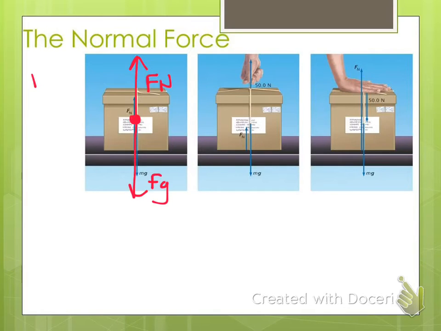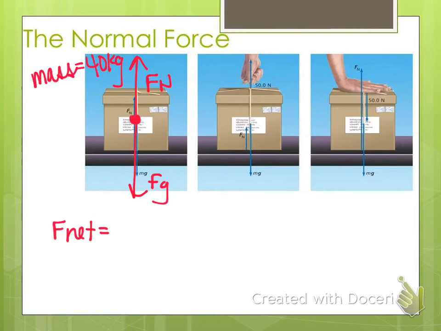Let's say the box has a mass of 40 kilograms. Okay, our box has a mass of 40 kilograms. For the first situation, we want to find the normal force. We want to find the normal force for all of these situations. But for this one, it's sitting at rest. There's nothing else that's touching it. So if we want to find the normal force, we're going to set up our net force equation.